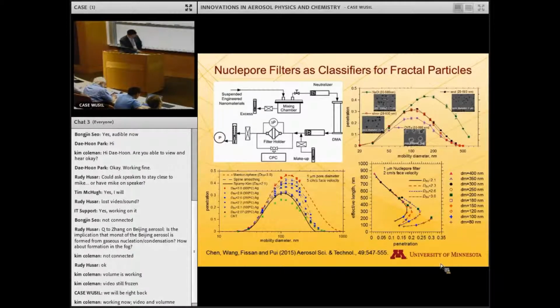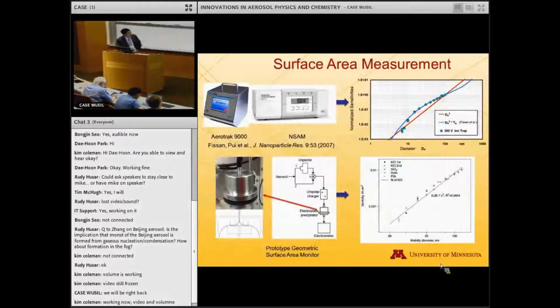So moving on, to measure the surface area of a sphere first, followed by agglomerates. Some years back, Heinz Fissan and we worked on a nanoparticle surface area monitor, which consists of a unipolar charger followed by an electrometer.